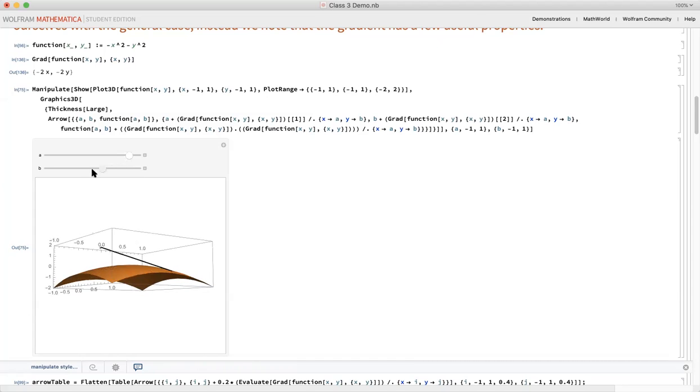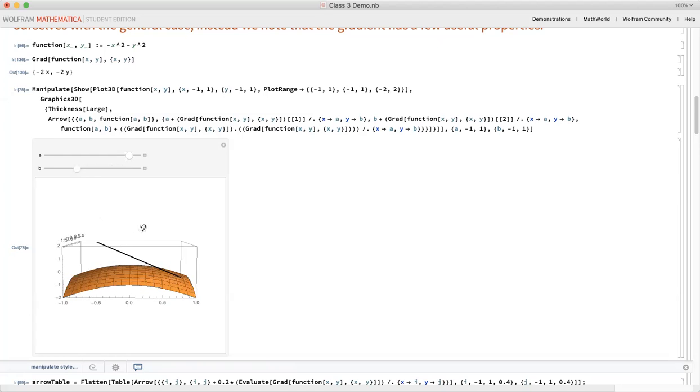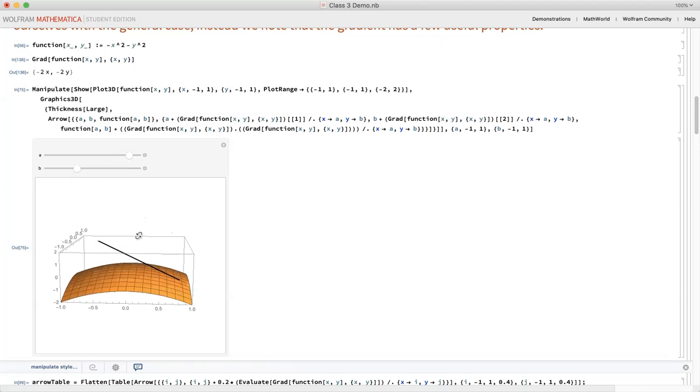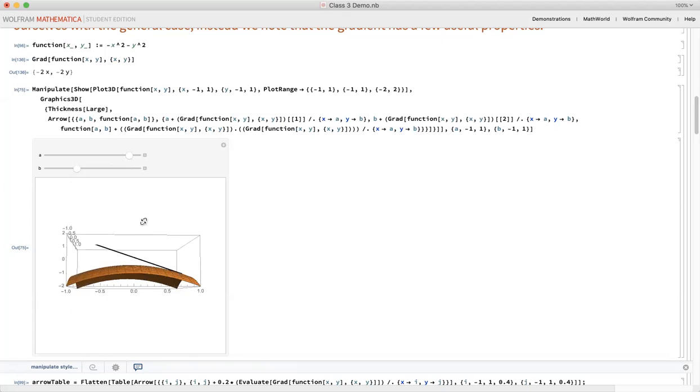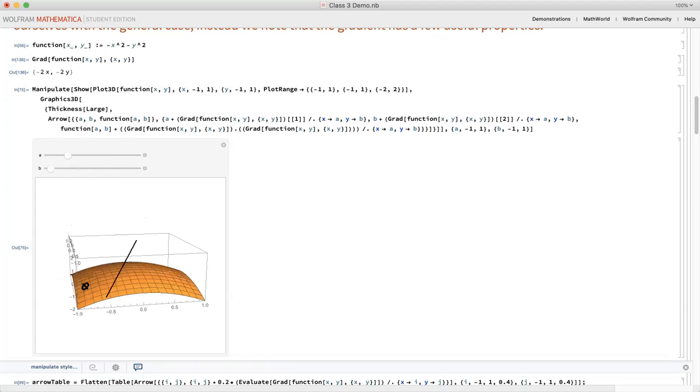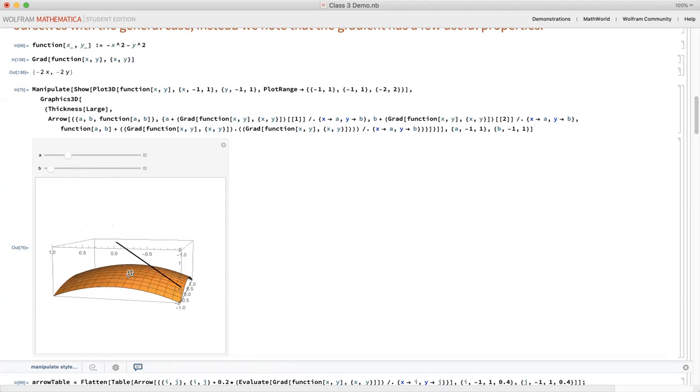And what I'm hoping to illustrate with the magnitude determining the height is that it's basically always parallel to the surface. So basically, the steeper the surface, the bigger the gradient. As you can see, as I move along here, the steeper we are, the higher up that arrow is going.